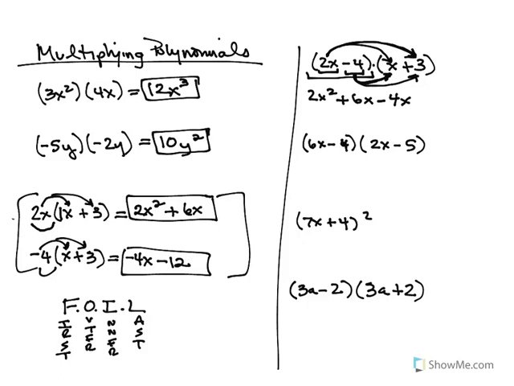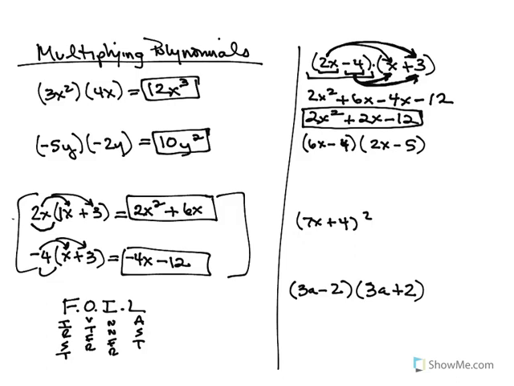Then last, you multiply the last terms, or you just distribute the negative 4 to the positive 3. So negative 4 times 3 is negative 12. So the easiest way is just to see it as a double distribute. And then when we look at what we actually have, like terms, we must combine them accordingly. And now the problem is finished.